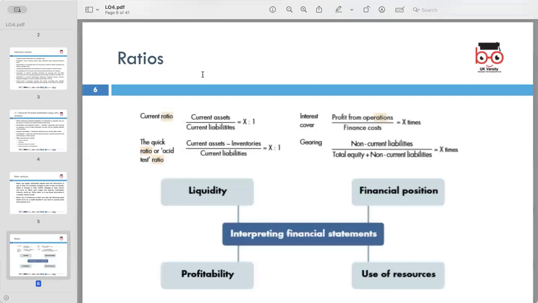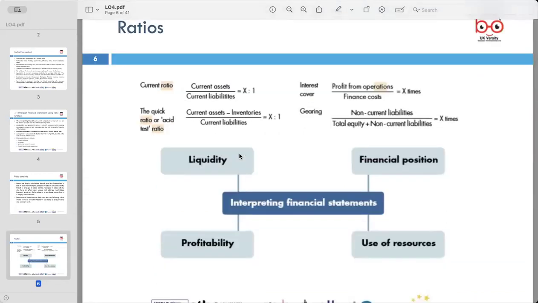Understanding financial ratios is essential in analyzing a company's financial health and performance. They provide a quantitative means of assessing various aspects such as liquidity, profitability, and financial position. One of the fundamental ratios used to evaluate liquidity is the current ratio, which compares a company's current assets to current liabilities.